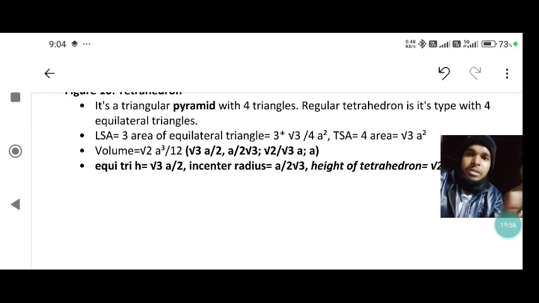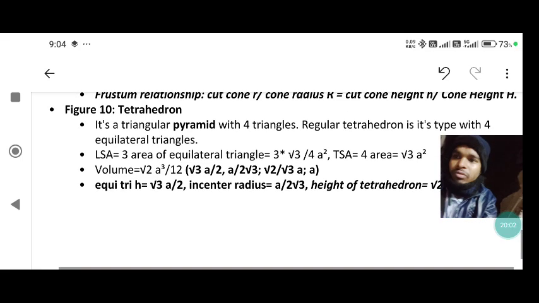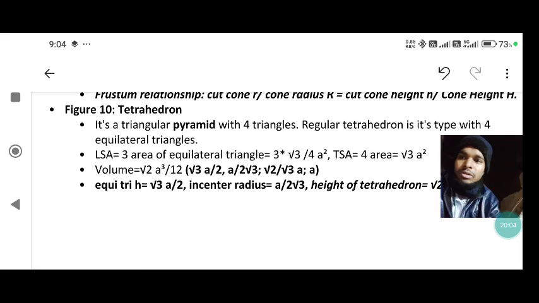And about the volume, this is important. The volume of a tetrahedron is root 2 a cube divided by 12.